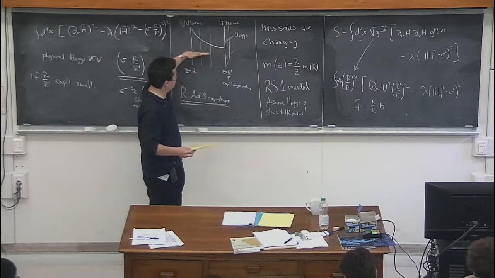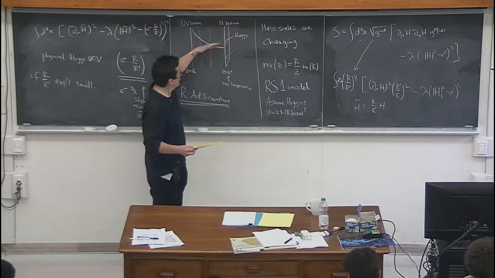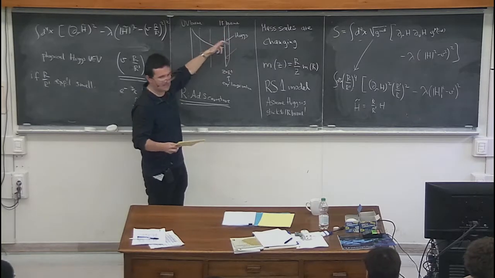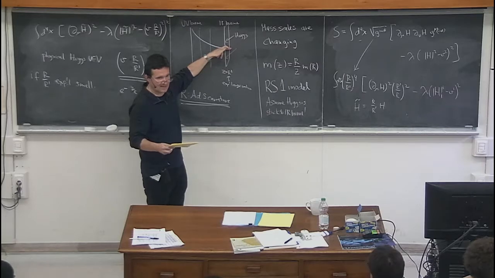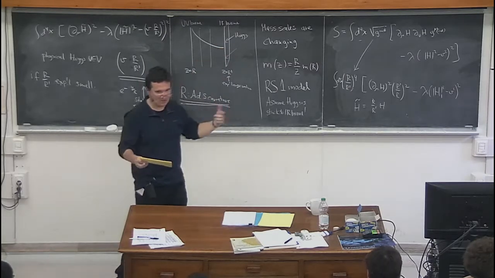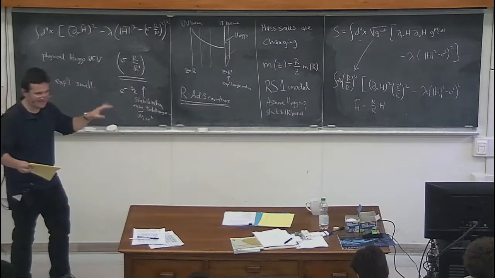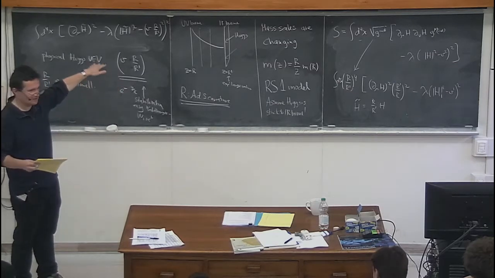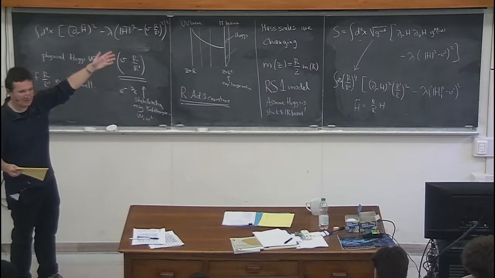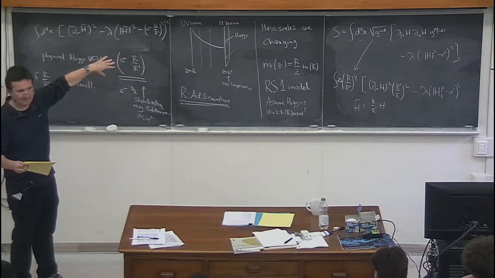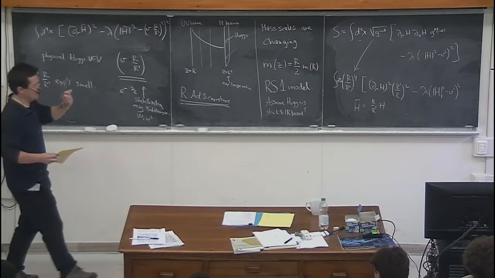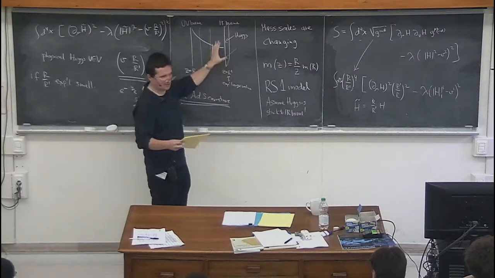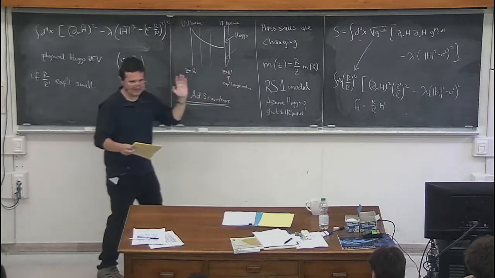What will be needed is that it could be a bulk field that is peaked on this brane. And as we try to do the KK decomposition in this background, we will see that that's something completely natural. Basically, all KK decompositions are such that things are either peaked on one brane or on the other brane.